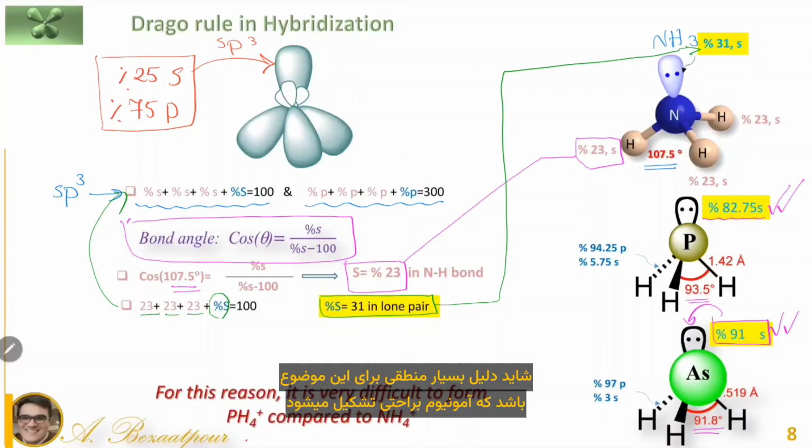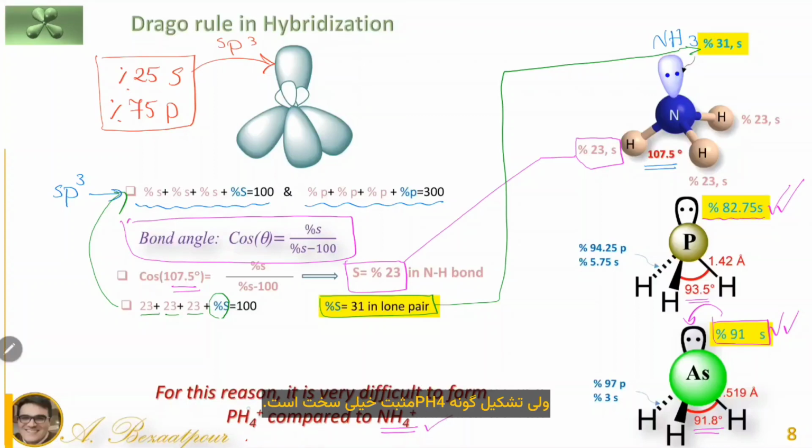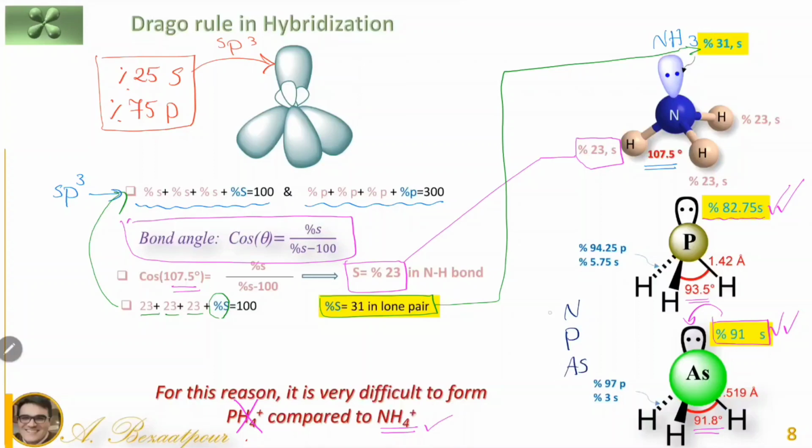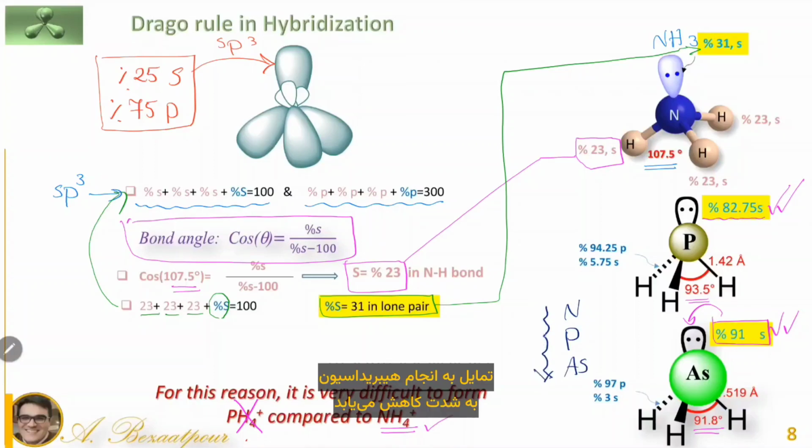Maybe there is a very logical reason why NH4+ is formed easily, but the formation of PH4+ is very difficult. According to the energy exchanges of atomic orbitals in a group of the main elements of the periodic table, from top to bottom, the tendency to perform hybridization is greatly reduced, and practically hybridization is not performed for the third and fourth rows of the main elements of the periodic table.